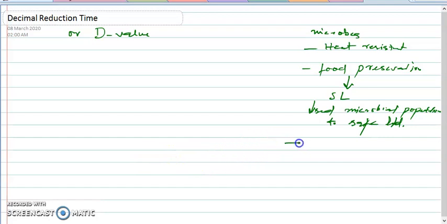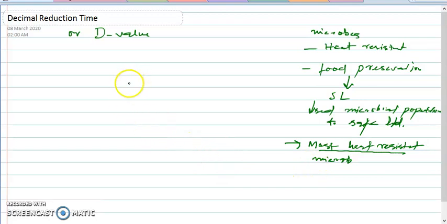We determine it by identifying the most heat resistant microbe present in that food. We consider that most heat resistant bacteria as a marker microorganism.